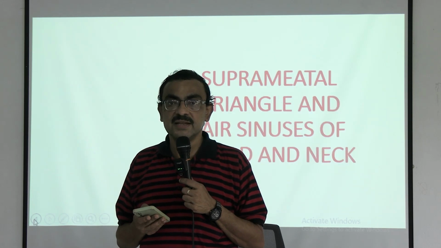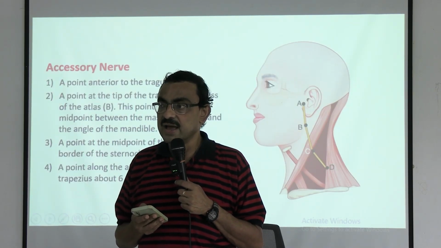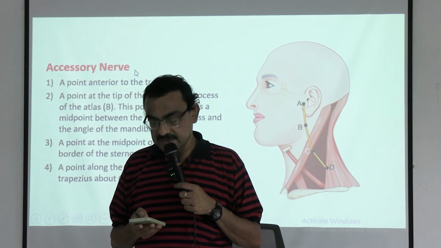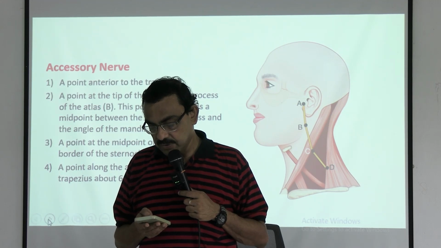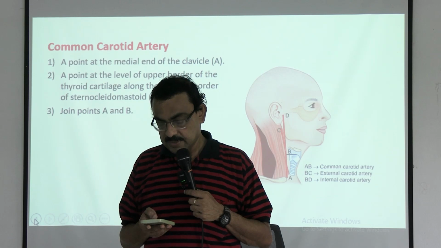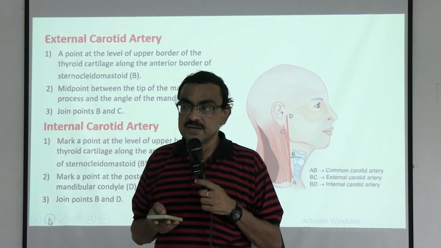You know that the accessory nerve has two components. One is cranial accessory and another is spinal accessory. So, spinal accessory nerve. Number 5, right common carotid artery. Number 6, right internal carotid artery.